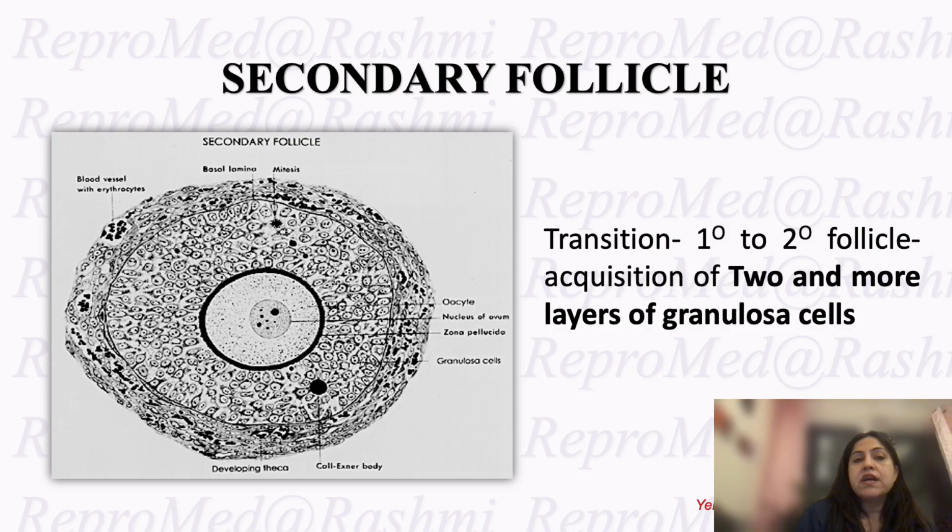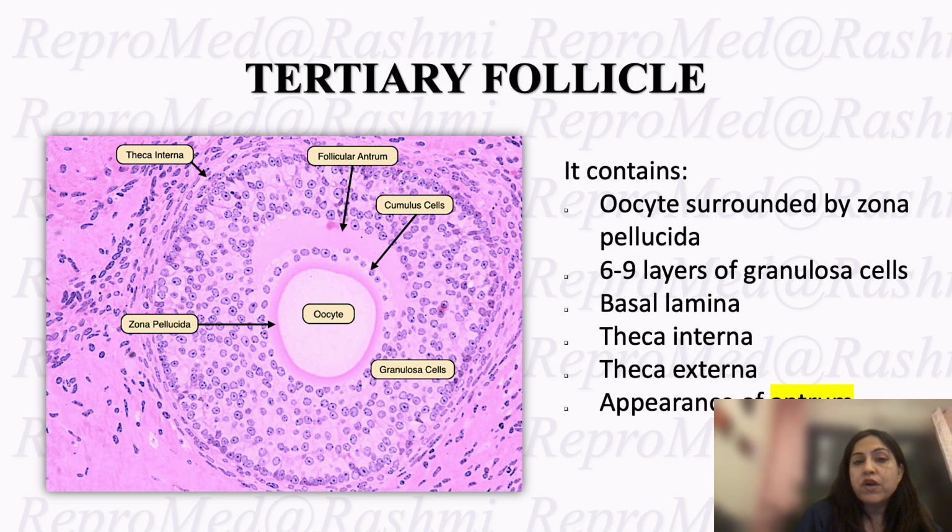Secondary follicle: in the transition from primary to secondary follicle, there is acquisition of 2 or more layers of granulosa cells. Tertiary follicle contains the oocyte, we can see here the oocyte, which is surrounded by the zona pellucida. This pink one is the zona pellucida. There are 6 to 9 layers of granulosa cells.